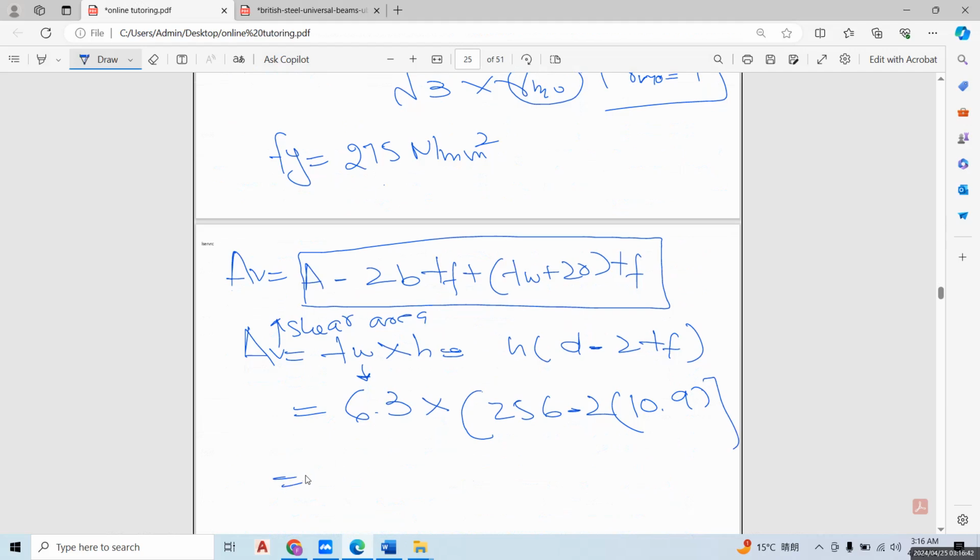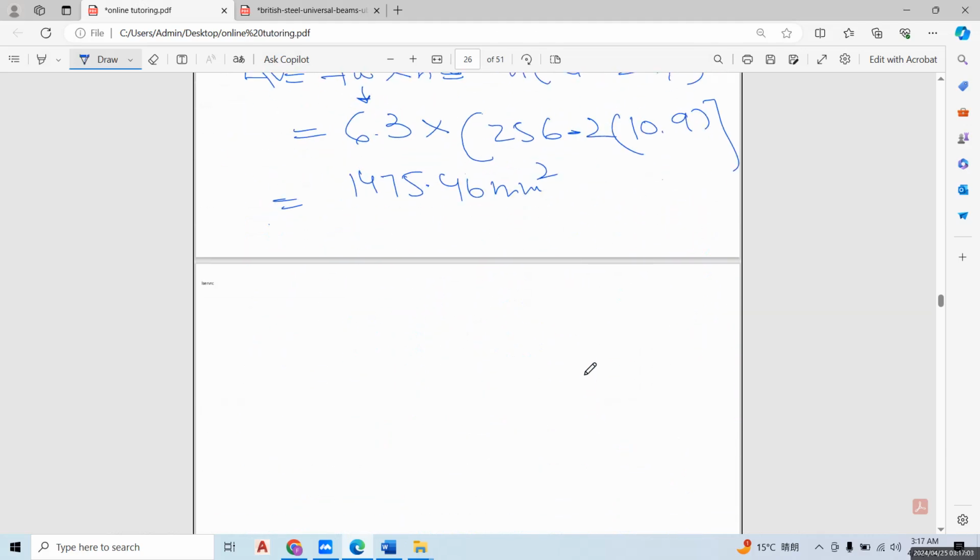So let us calculate the value. I have a calculator, you can also check. 256 minus 2 times 10.9, multiplied by 6.3, is equal to 1475.46 mm square.